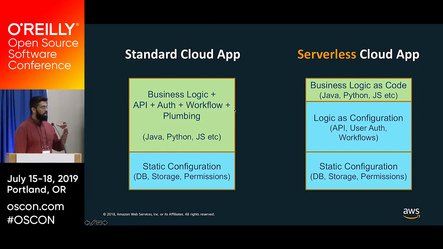Most of the plumbing work is now taken care of by AWS services for you. For example, API, user flows, user authentication and workflows could be offloaded to AWS services like API Gateway, Cognito, or Step Functions.